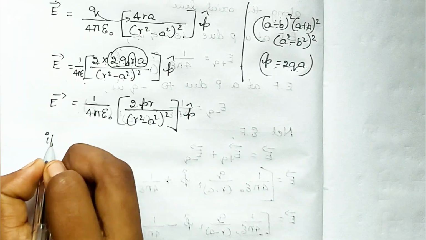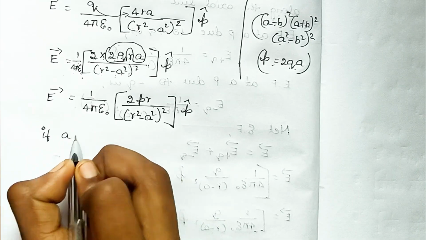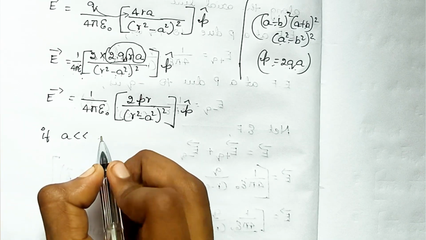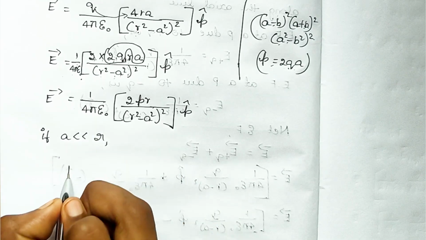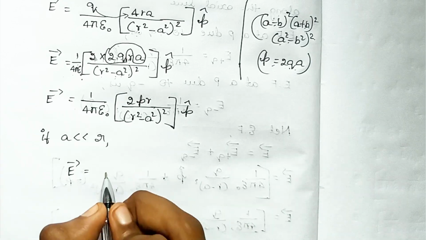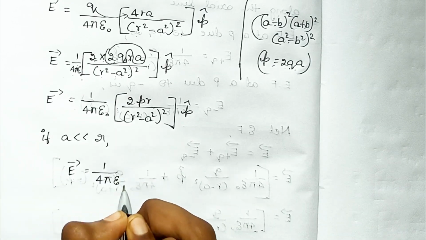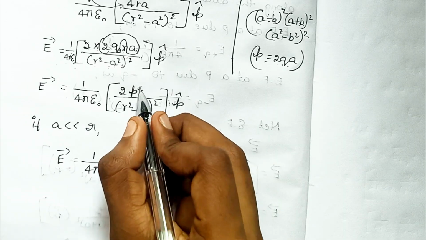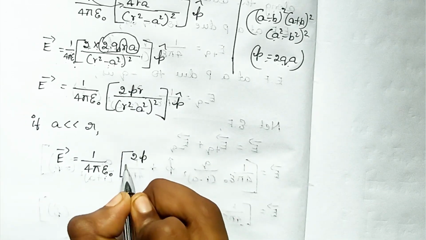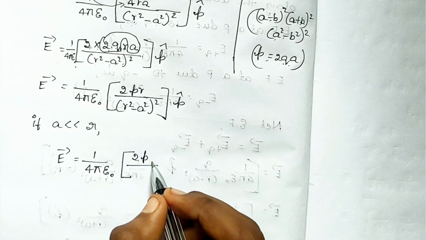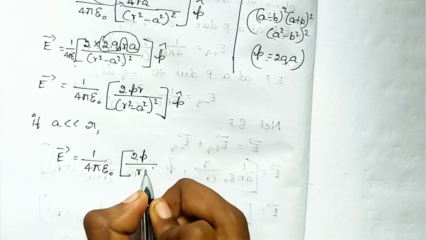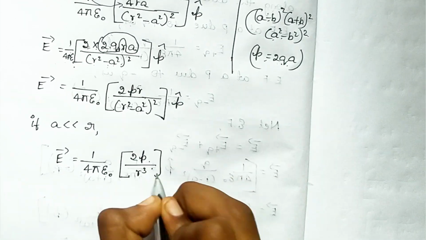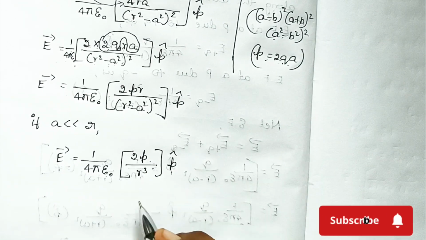Now if a is very much less than r, we get E vector is equal to 1 by 4 pi epsilon naught 2p divided by r cube into P cap.